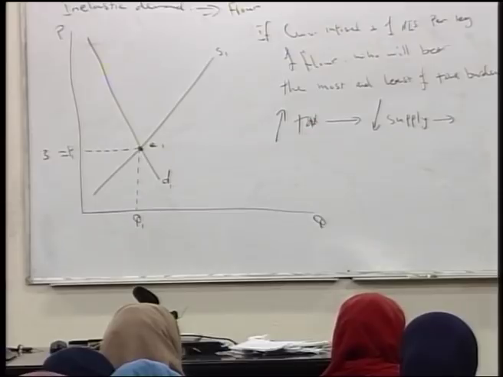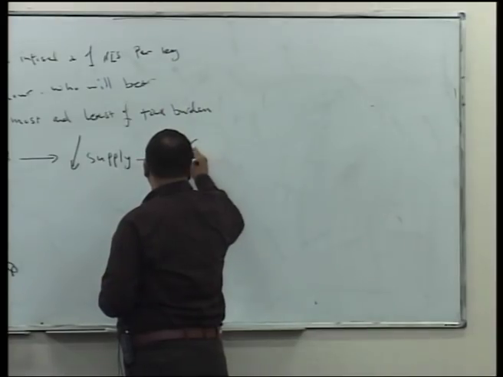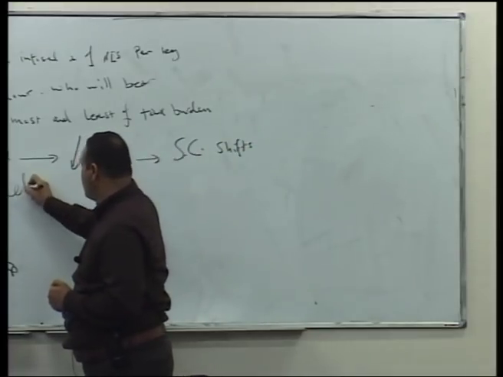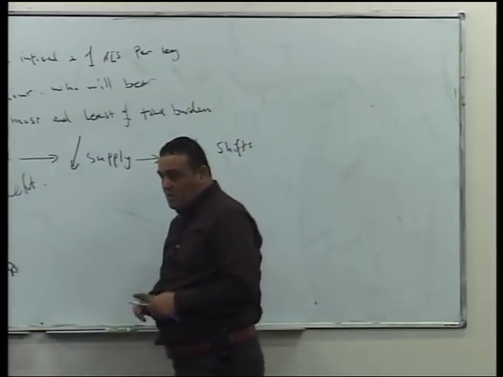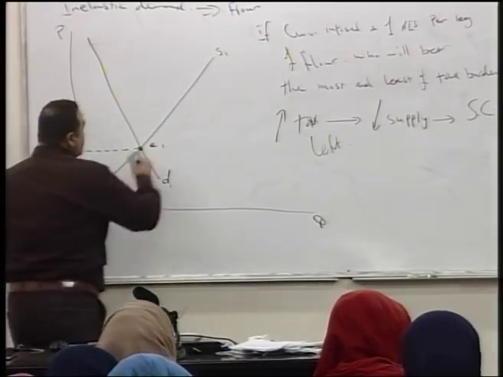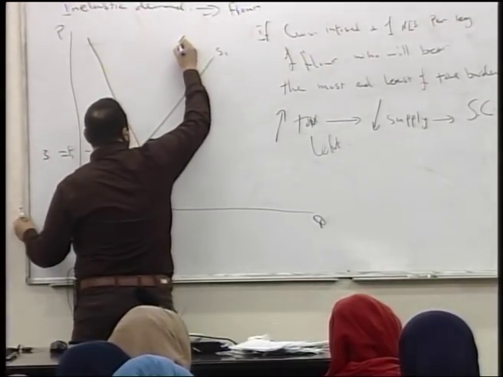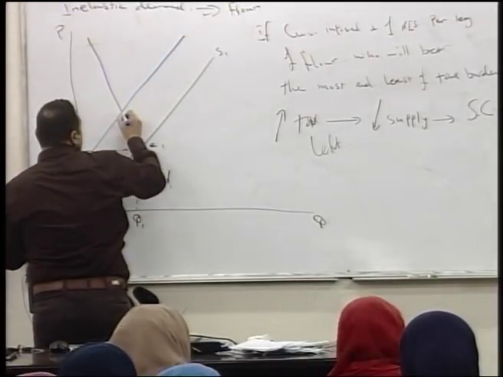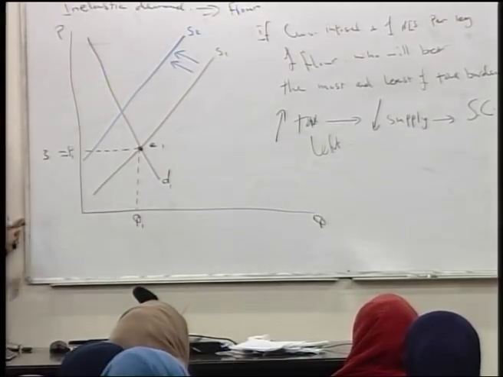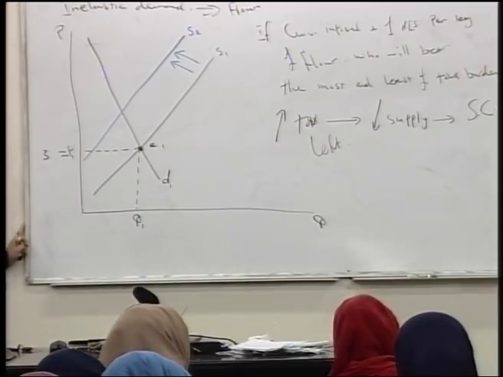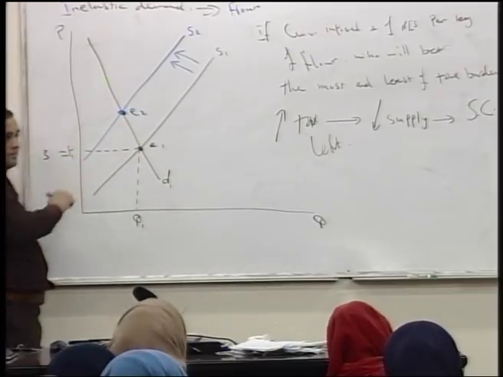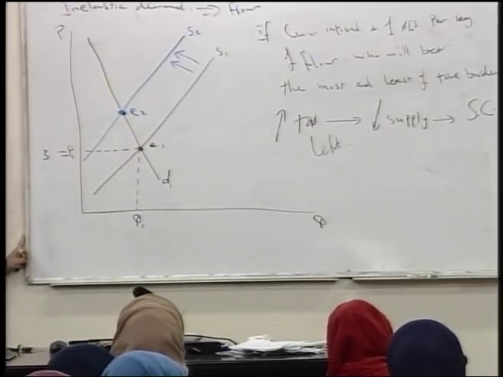So the supply curve shifts left, from S1 to S2, parallel to the previous one. We have a new equilibrium point, E2, with a new price.